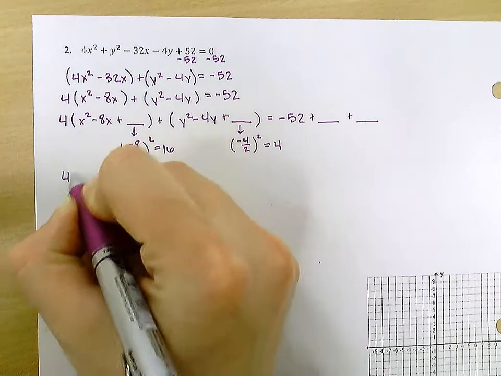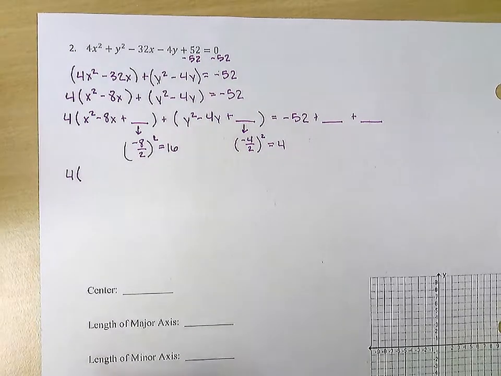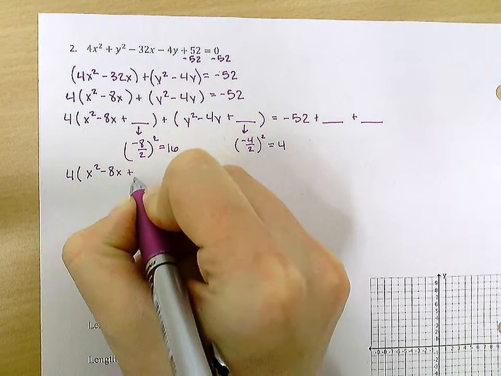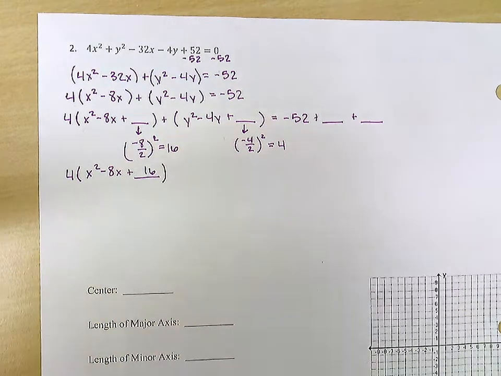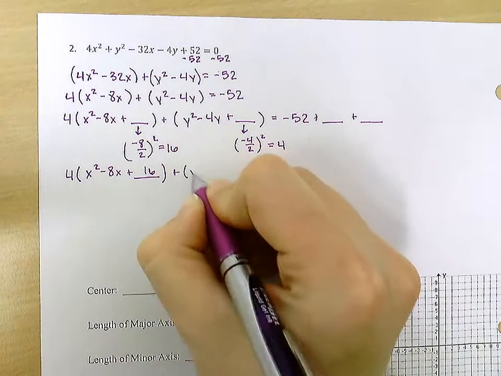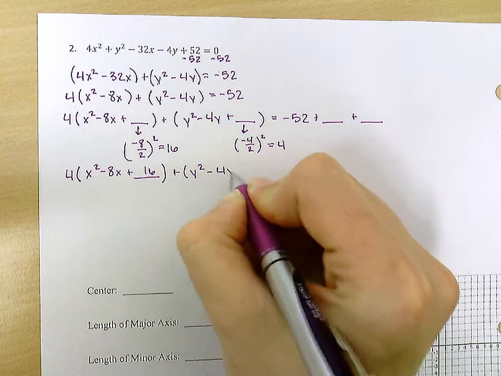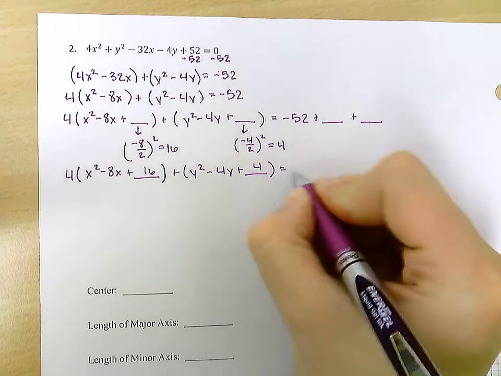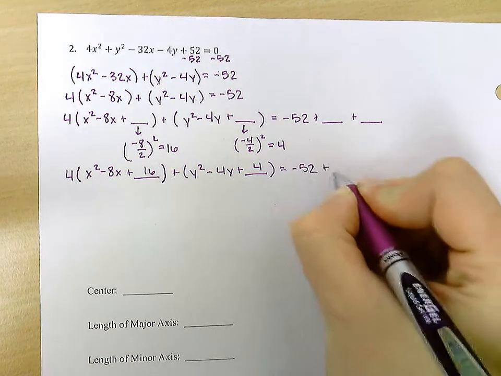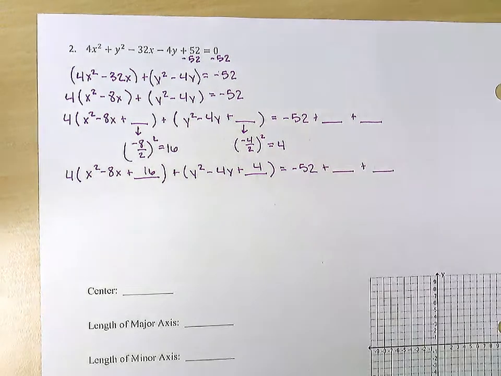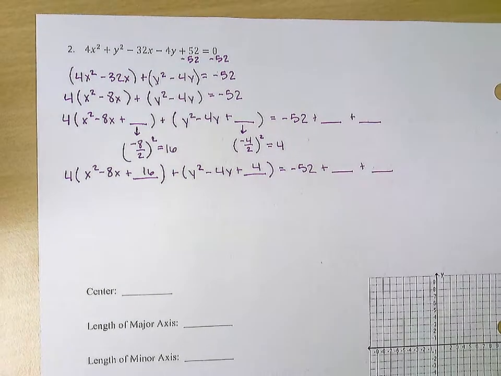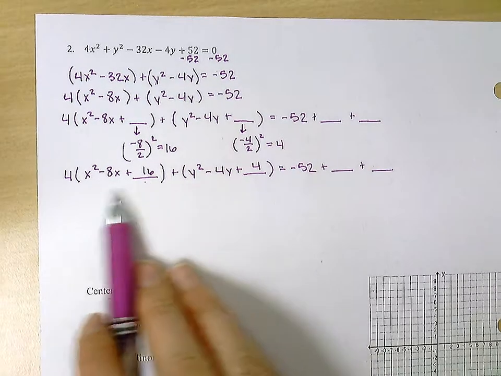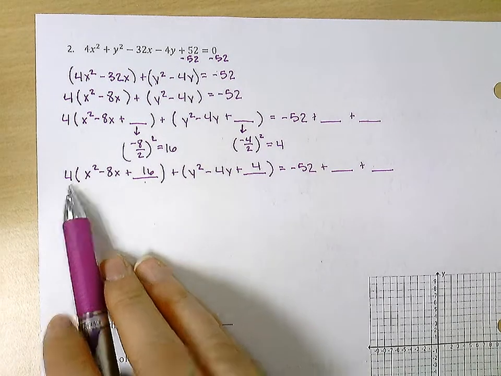Okay, writing this out with my new quantities, I have x squared minus 8x plus the value I found, 16, plus y squared minus 4y plus the value I found was 4. Okay, to get my quantities on the right, I need to multiply the value I found with the number out front.